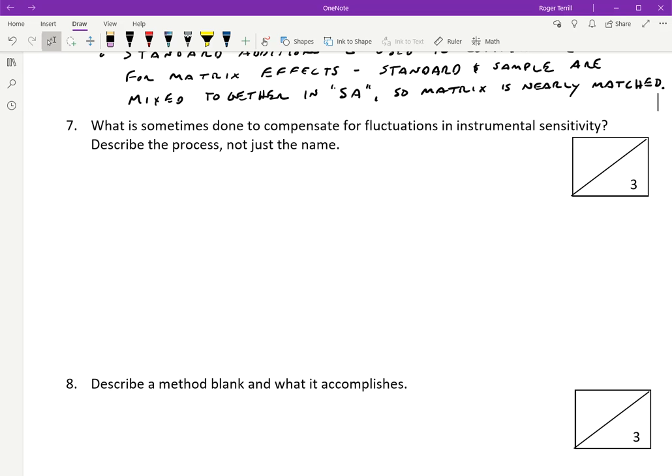So internal standards are chemicals, like another element, if it's an elemental analysis that you might do by ICP, or it could be another organic molecule like benzoic acid if you're doing an HPLC.